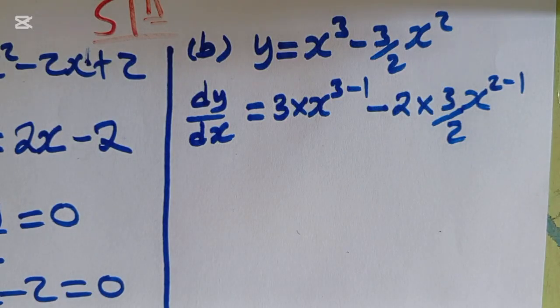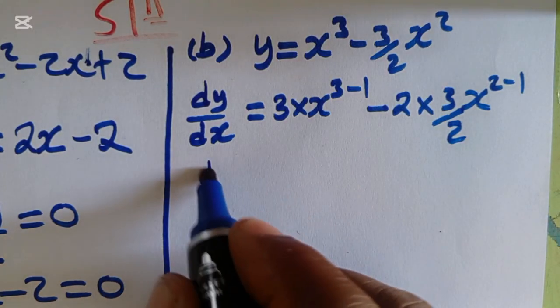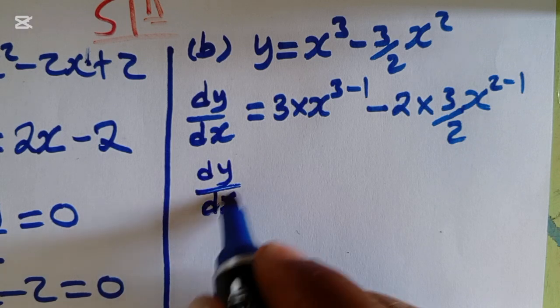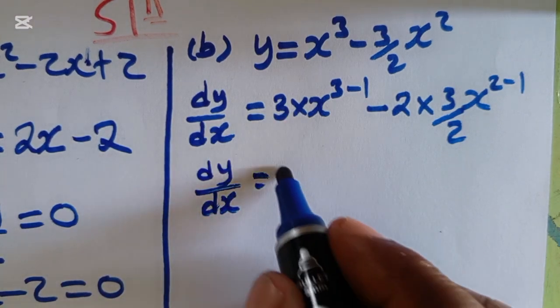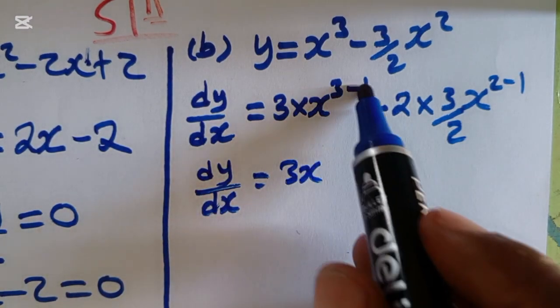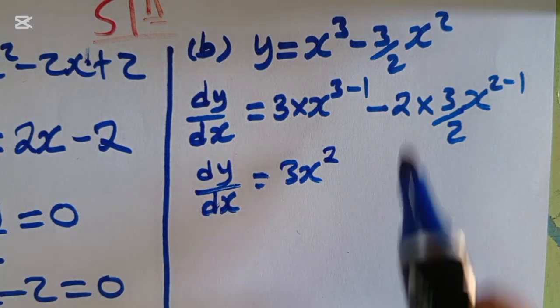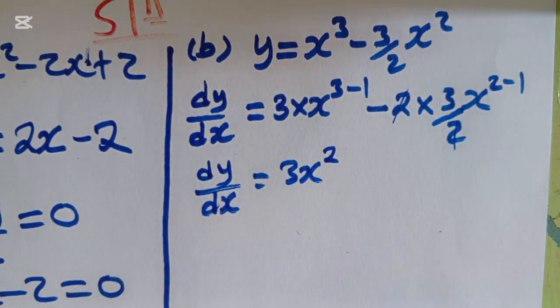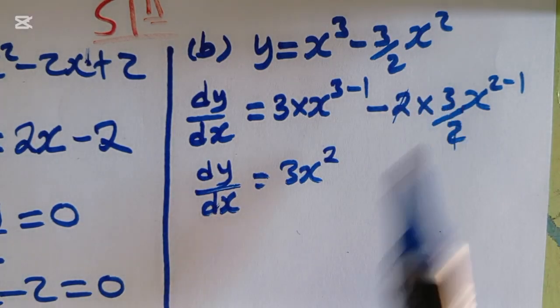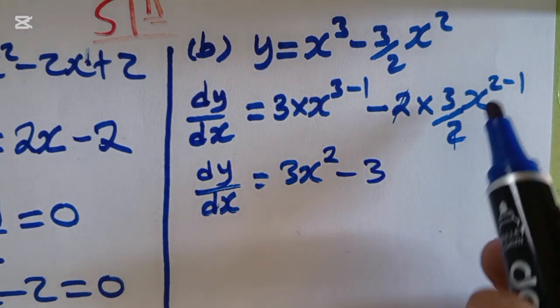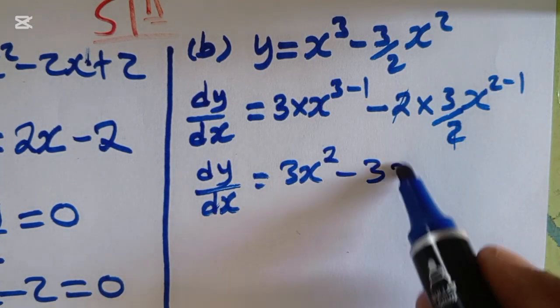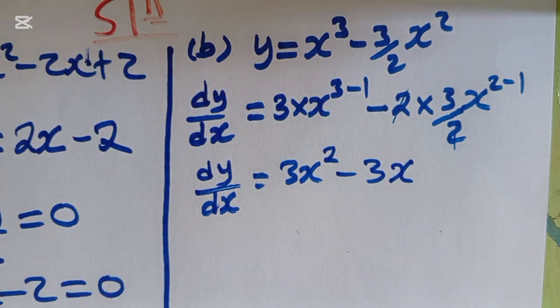So dy/dx is equal to 3 times x, that is 3x, 3 minus 1 is 2. The 2 and this 2 cancel, and we remain with 3. So minus 3, 2 minus 1 is 1, but we don't write that power of 1.